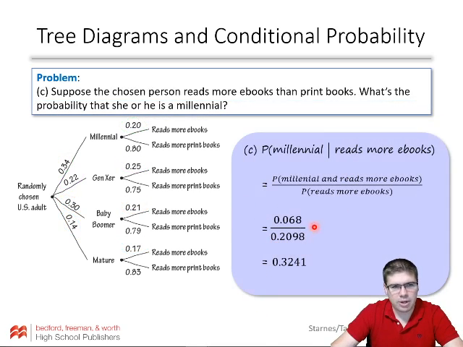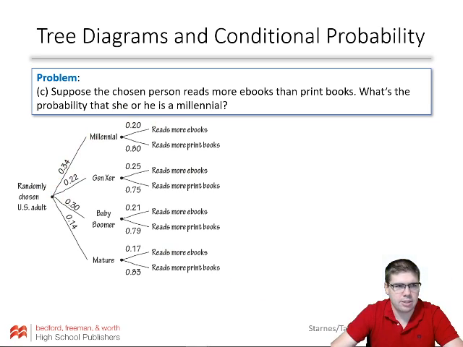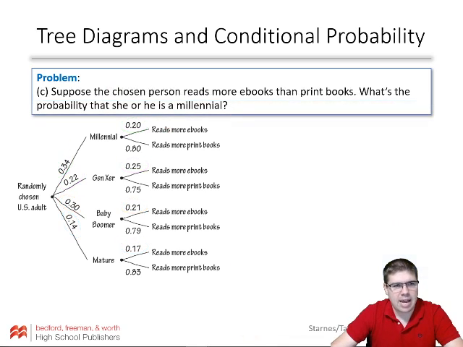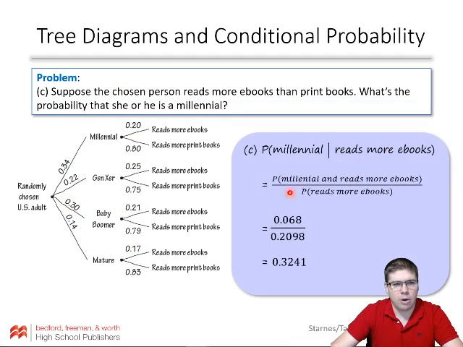We have that 20.98% as our denominator. The numerator for this is the millennial and reads ebooks. This 0.34 times 0.2. If we rewind here, it's the green category, the 6.8%. So 0.34 times 0.2. That's the percent that we're actually interested in. Out of our people that read more ebooks, out of our 21%, 6% or 7%-ish of them are millennials.